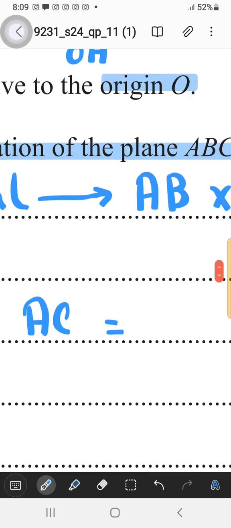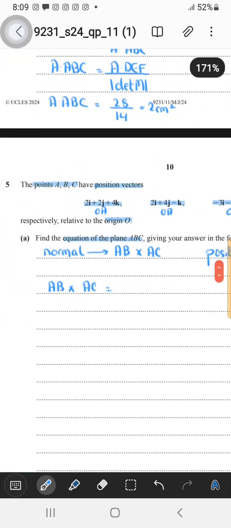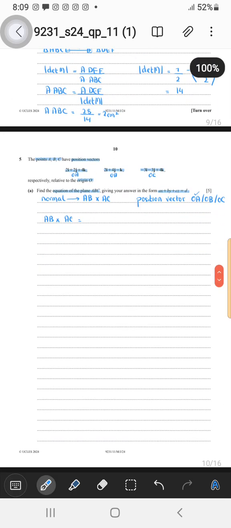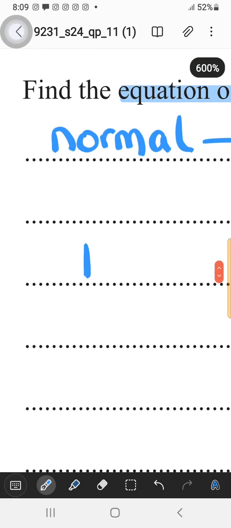If you don't know how to do cross product, I will try to go in depth so you can understand here. To find AB cross AC, we want AB and AC. Let me find AB and AC first.